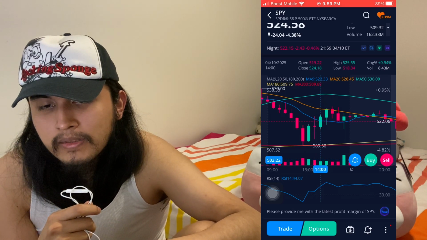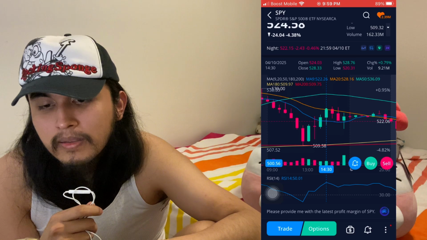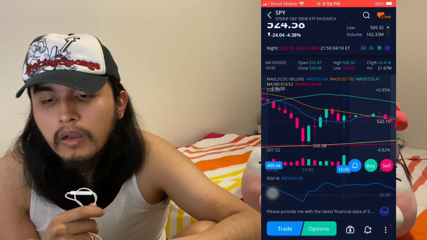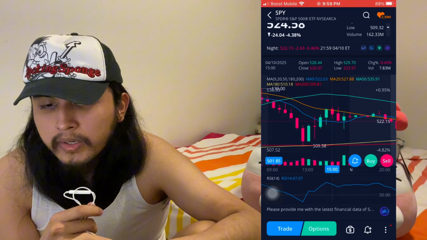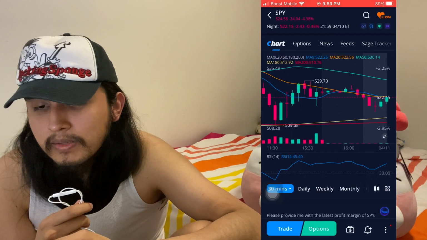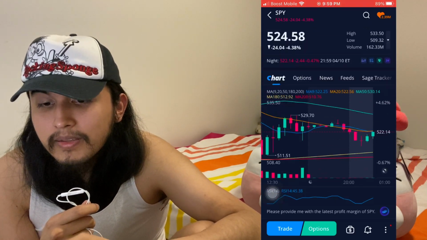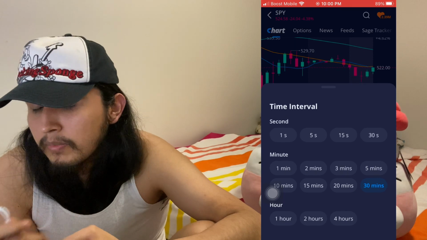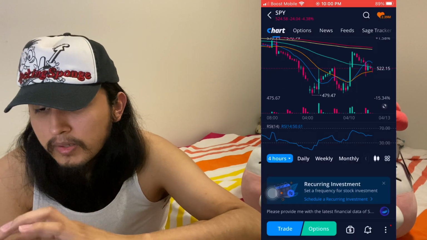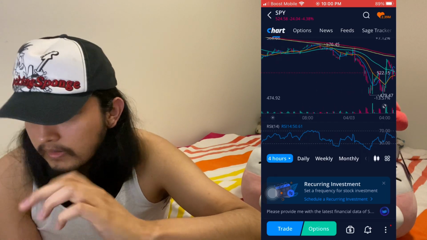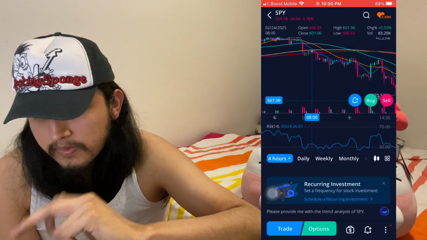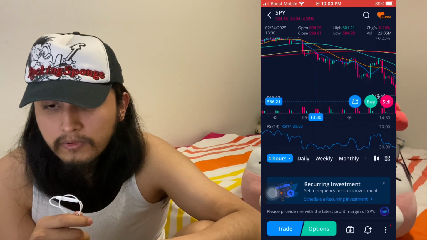And then you can see right here on the 1430, 15, and the 1530 candle and the 16 candle, all of these candles basically had trouble breaking above the 20-day moving average. So to me, that kind of means that we're gonna see more downwards momentum from the overall market. And to get a better picture of what could happen on the long term side, I use the 4-hour time chart. You can clearly tell that SPY is still in a downtrend because ever since the 24th, SPY has been in a constant downtrend.